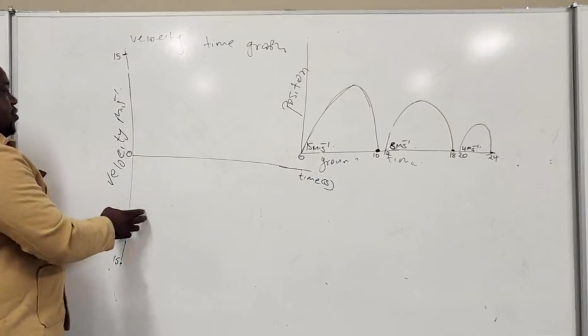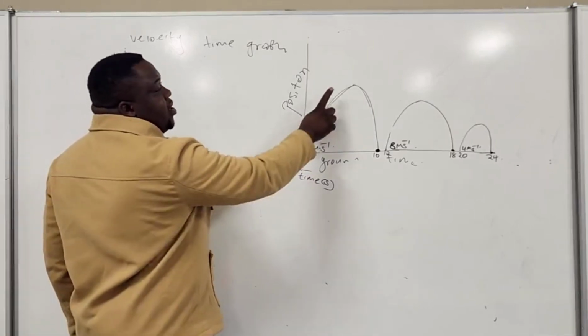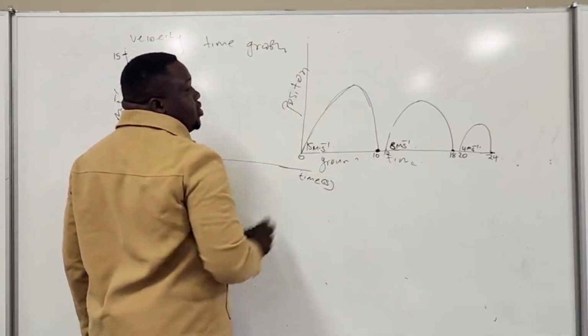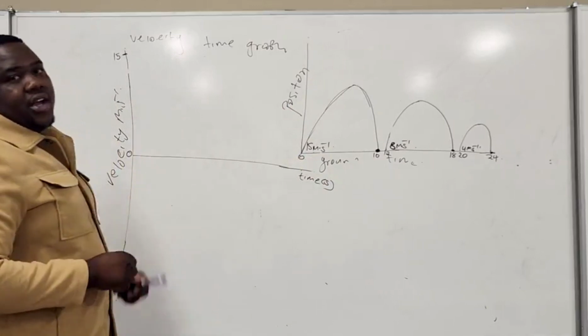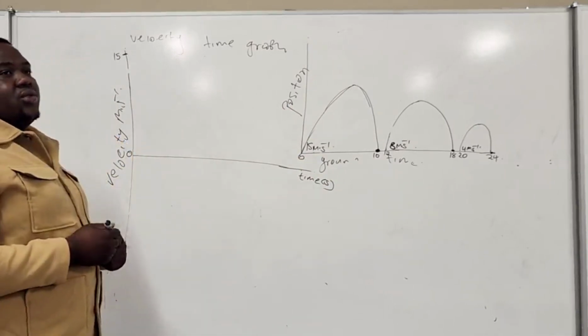So since this is 15, remember that if the ball was projected at 15 meters per second, when it comes down and returns to the same position, it will be moving at 15 meters per second. So this is what is going to happen.